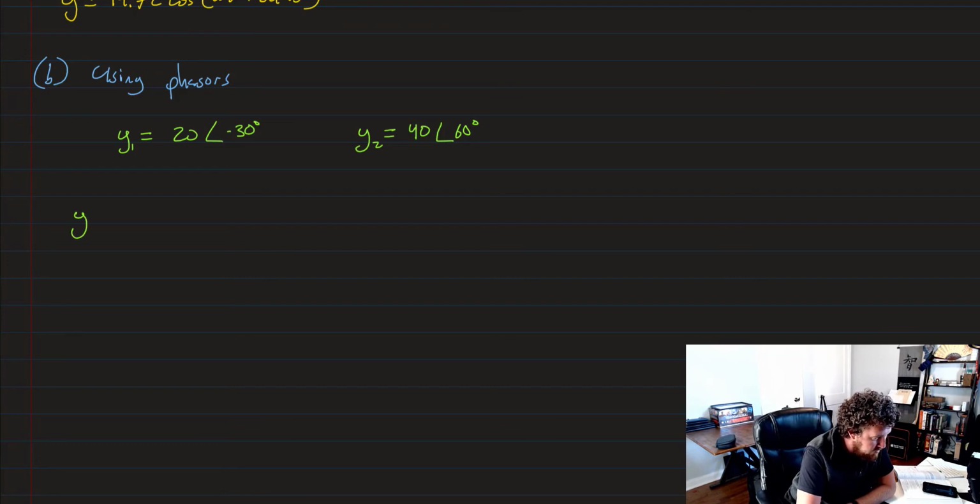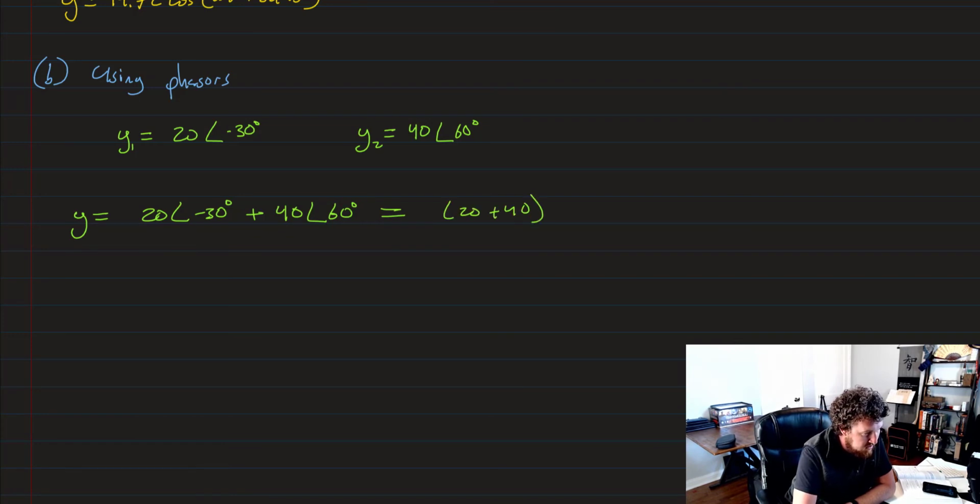It would be really cool if we could just do this, right? 20 at an angle of minus 30 degrees plus 40 at an angle of 60 degrees. Or just say, all right, it's equal to 20 plus 40 at an angle of minus 30 degrees plus 60 degrees.